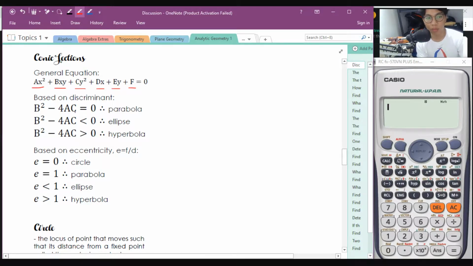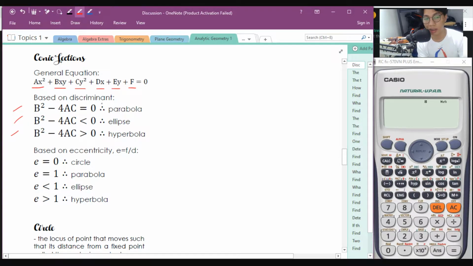Now, based naman sa discriminant, pwedeng gamitin mo yung general equation niya. Kung meron siyang given equation, gamitin mo yung mga numerical value niya. Okay? The coefficients, ipasok mo dito sa formula na ito.